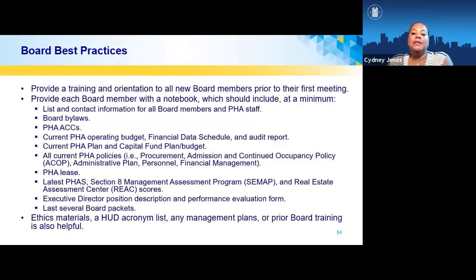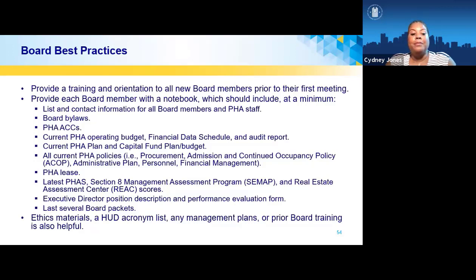So some best practices for you as a board member. Make sure that you get trained and oriented. Make sure that there's a training and orientation for all new board members prior to their first meeting.